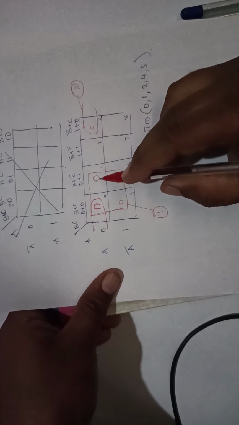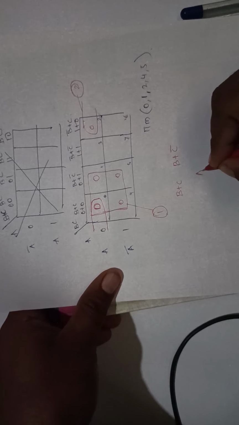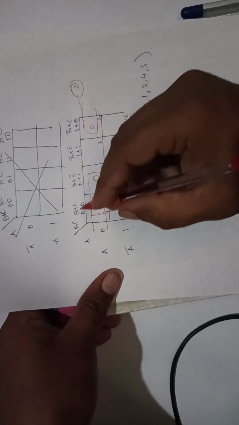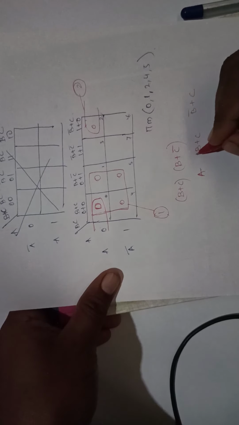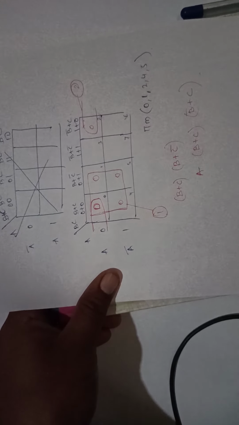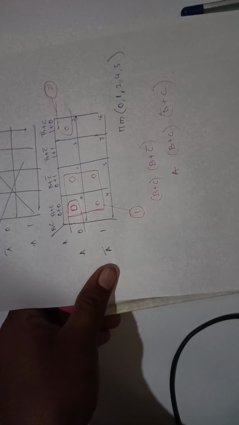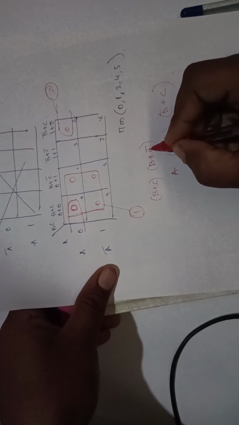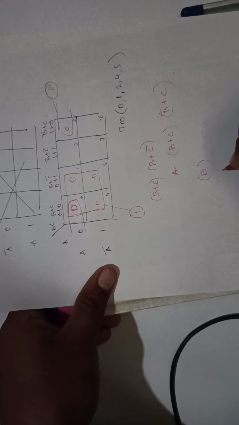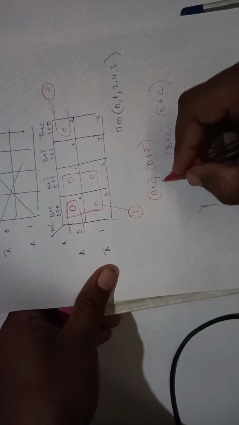For the second one comes A, and vertically comes B plus C, B bar plus C. From the first one only the B term remains, because C and C bar get cancelled, hence B for y equal to.